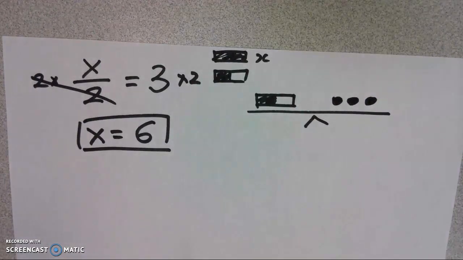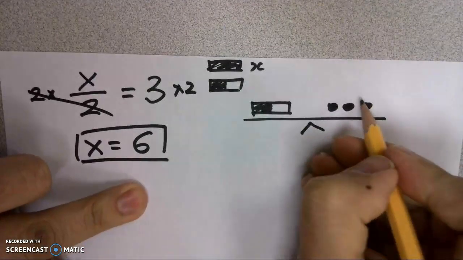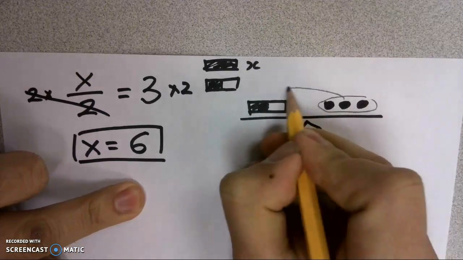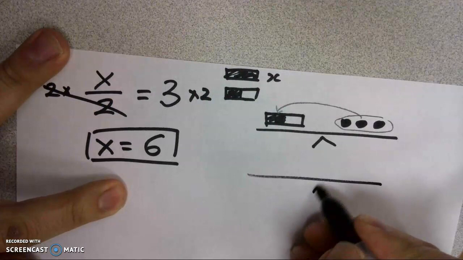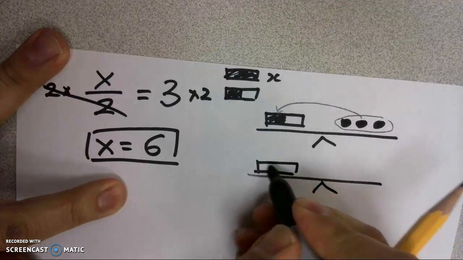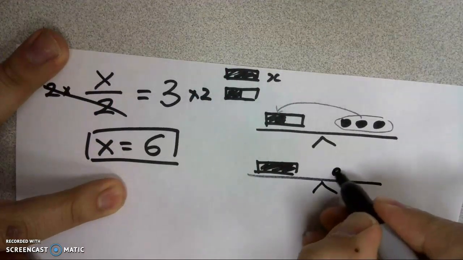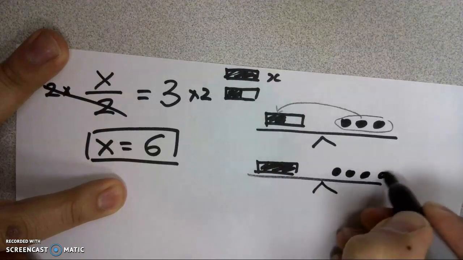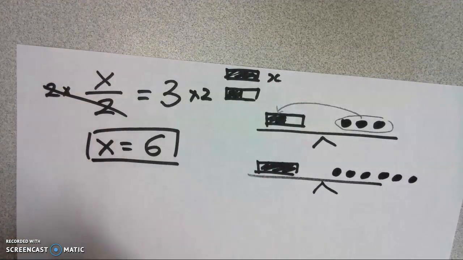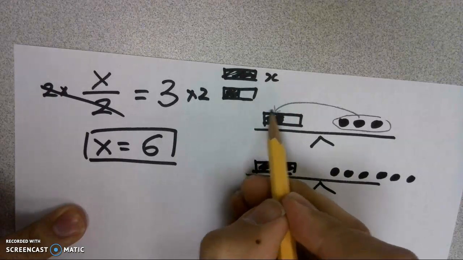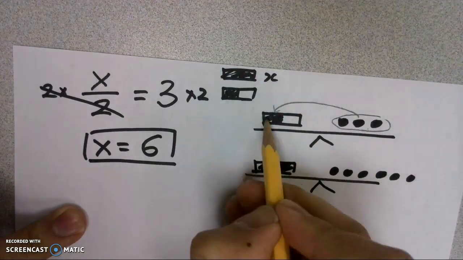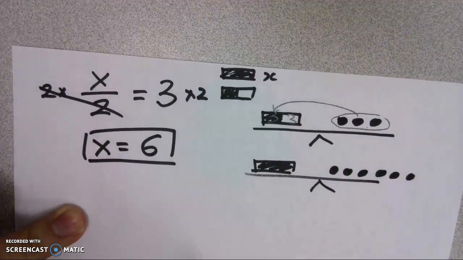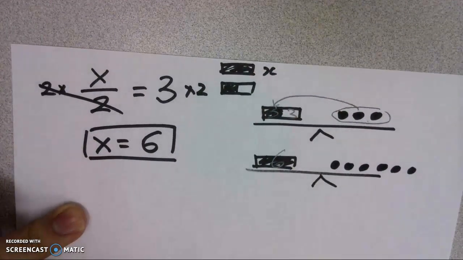If 3 dots or 3 circles belong to half of them, then a full bar would have to be 1, 2, 3, 4, 5, and 6. Because each of these parts contains 3 of the circles, right? So this is 3, this is also 3, so that way this is 6.